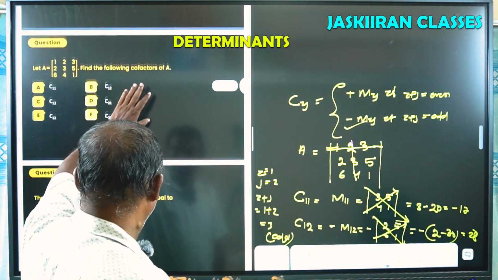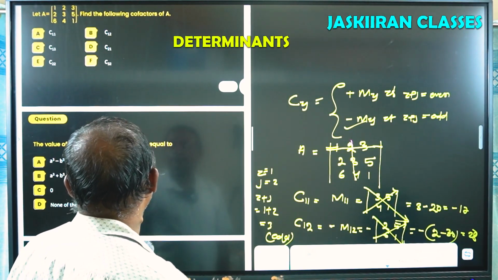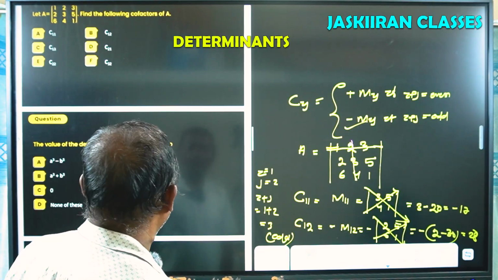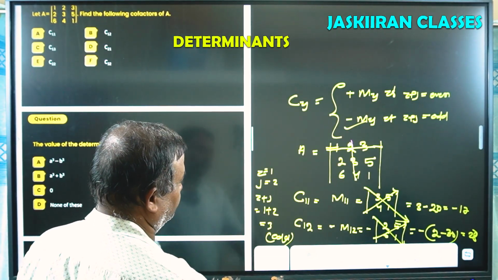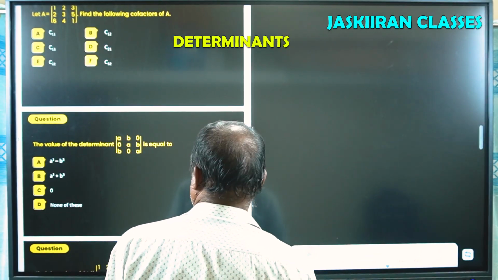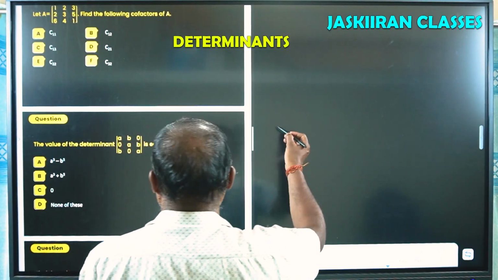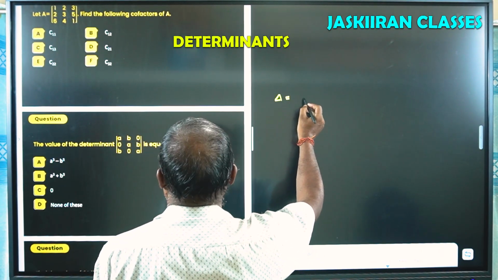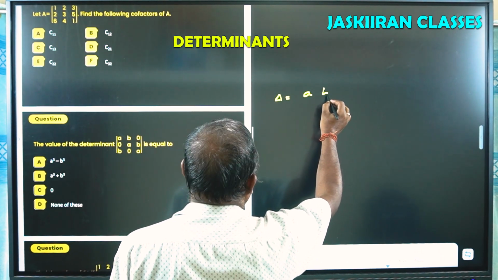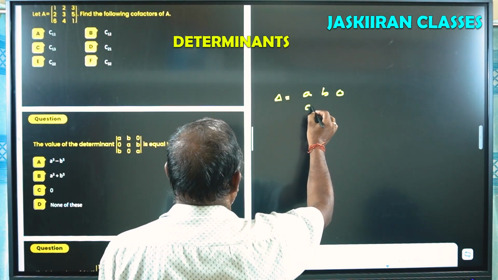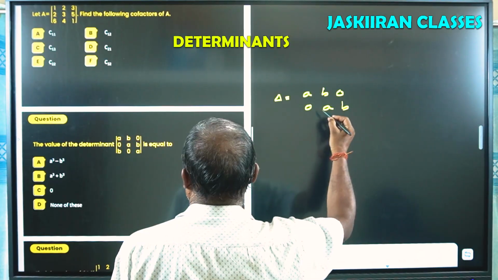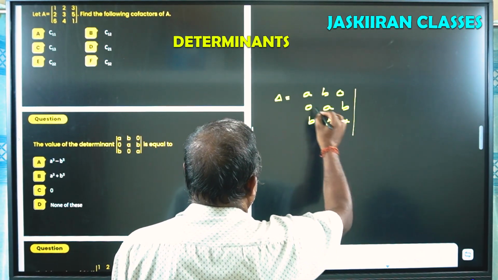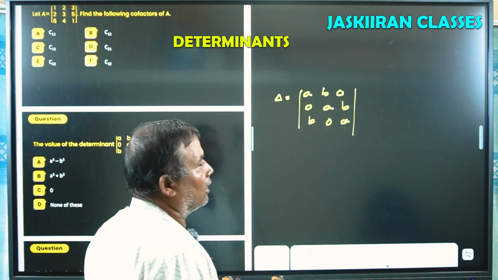Now, what is the value of the determinant with rows A, B, 0; 0, A, B; and B, 0, A? The given determinant is a third order determinant.